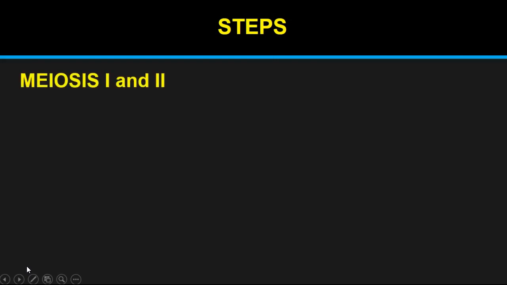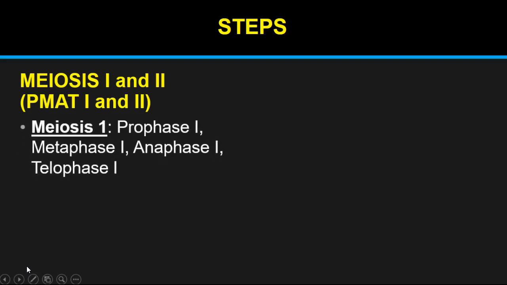And the steps in each of these, in meiosis 1 and 2, they have PMAT 1 and then PMAT 2. So for meiosis 1, we see prophase 1, metaphase 1, anaphase 1, and telophase 1.